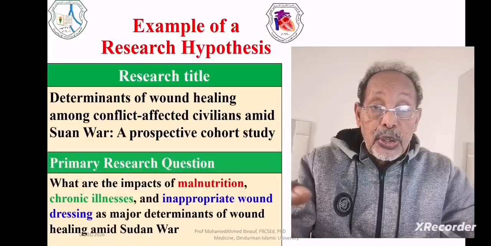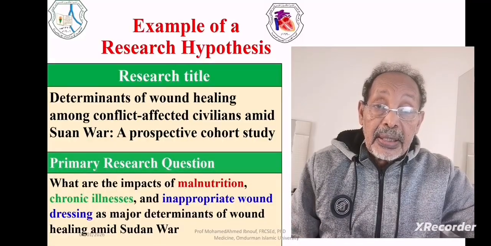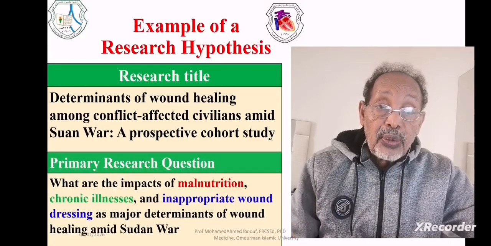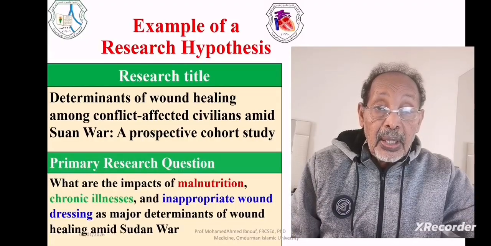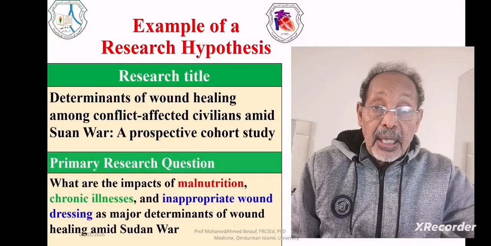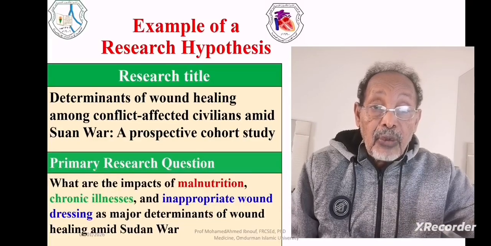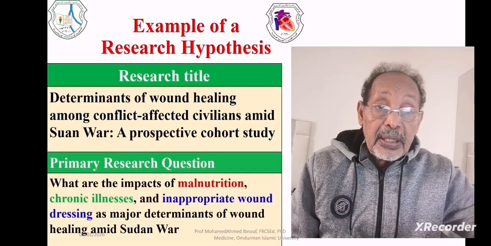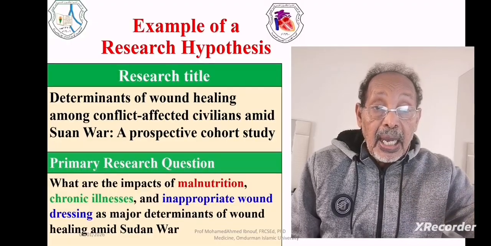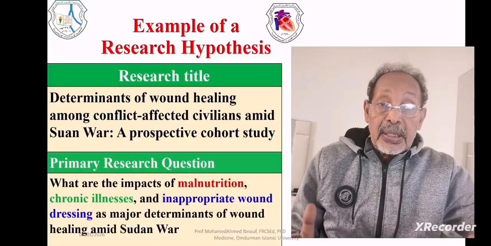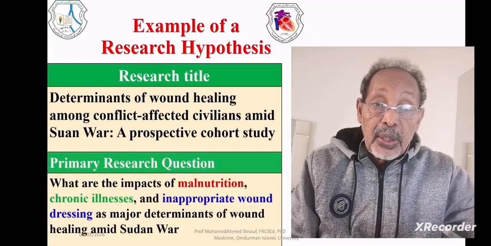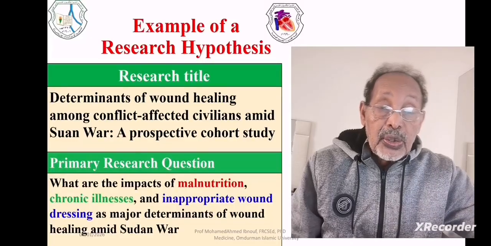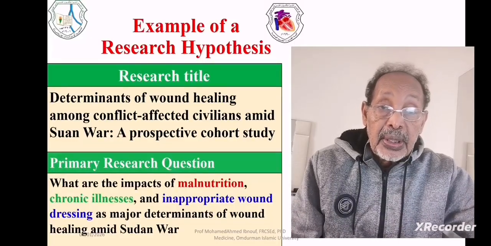And it is a short and concise title. And the subject here is the determinants of wound healing. And the patients are conflict-affected civilians, and the concept is amid Sudan war. And the methodology mentioned here is a prospective cohort study. So this is a good title.